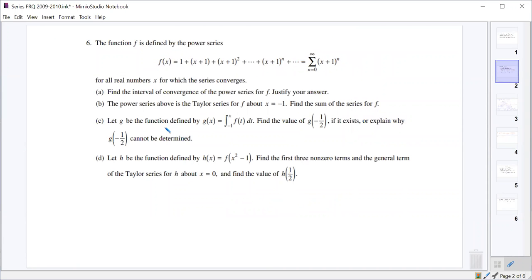Part C said that g is the function that's defined by the integral from -1 to x of f, and we want to find the value of g of -1/2.